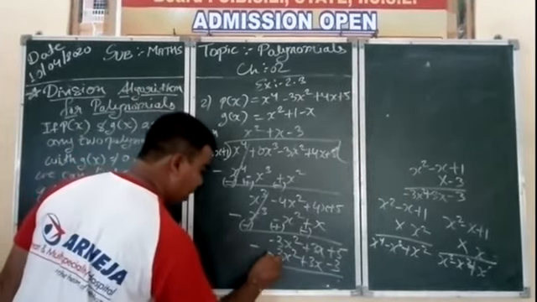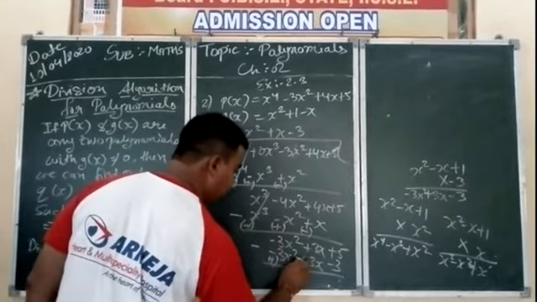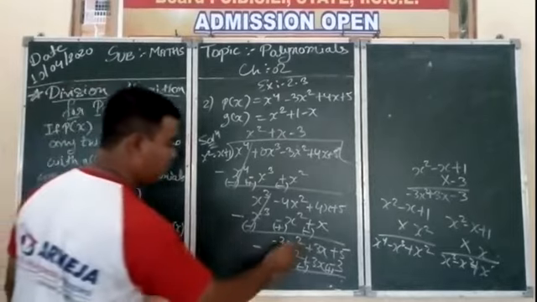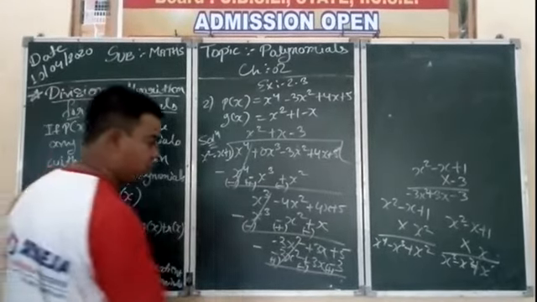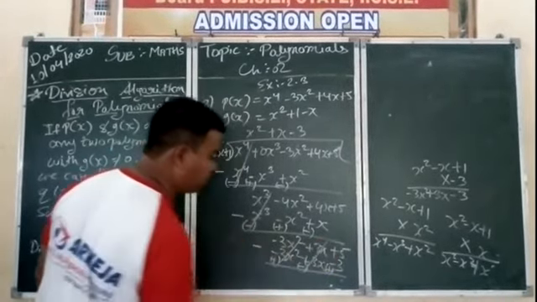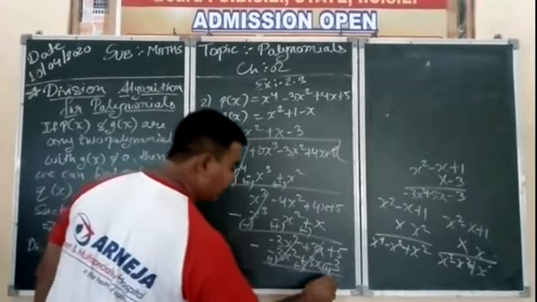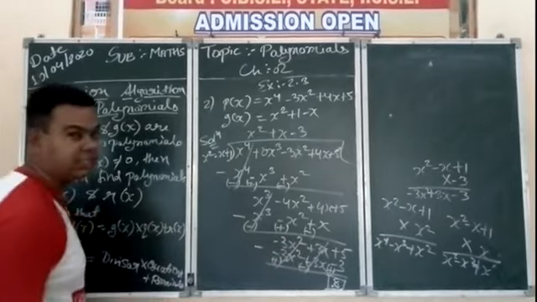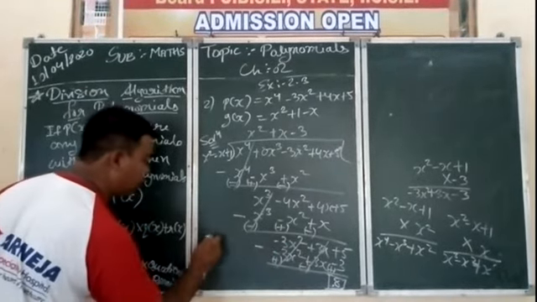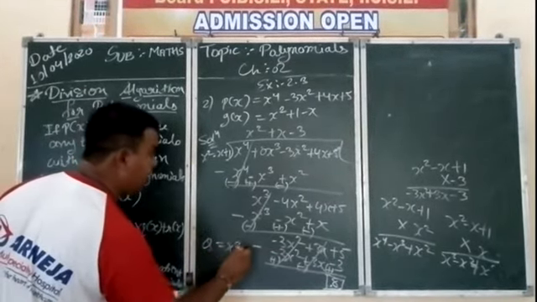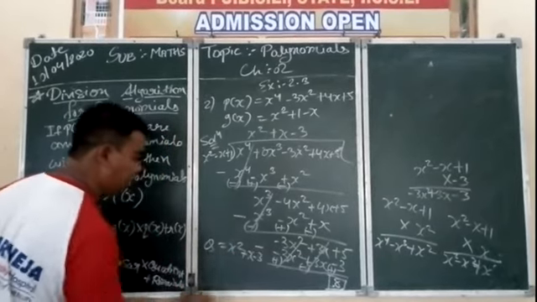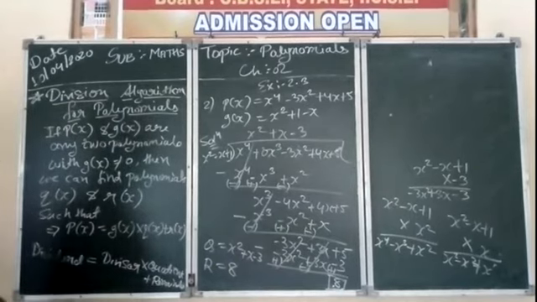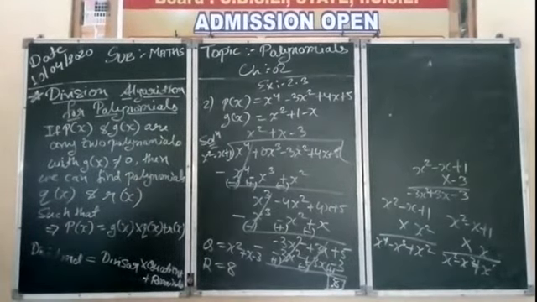The signs change: minus into plus, plus into minus. So this cancels, this also cancels. 5 plus 3 is 8. So now only the remainder is left, which is 8. So our quotient is x square plus x minus 3 and the remainder is 8 for this one.